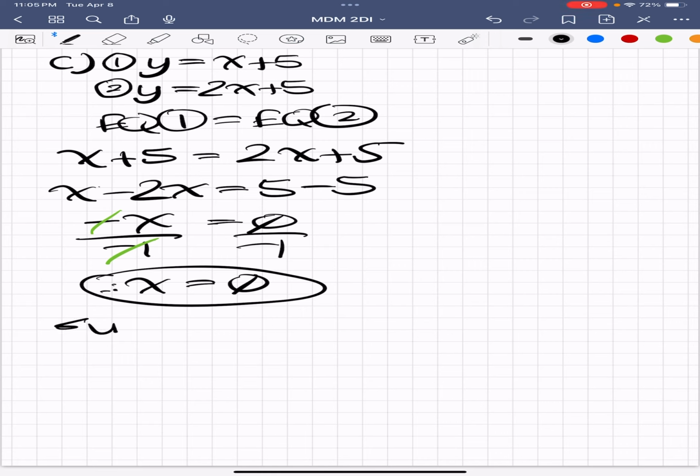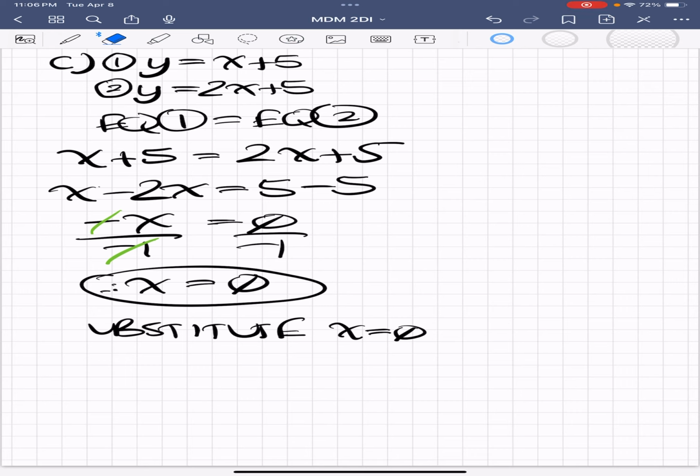So we substitute x equals 0, which is the x coordinate of the POI, or the x coordinate of the point of intersection, into the equations that we were originally given, 1 or 2.